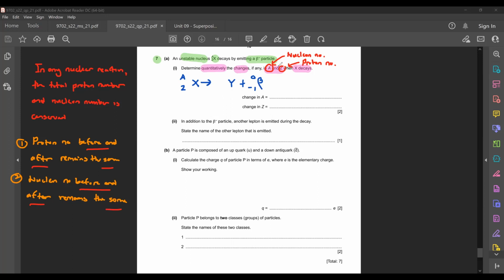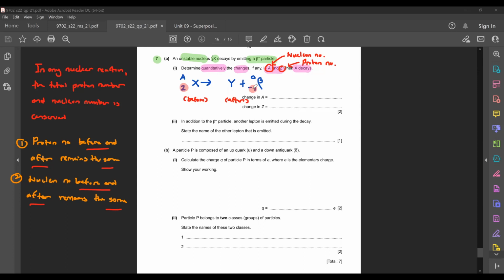Okay, so right now, if you look at the nuclear reaction, we know that before the reaction, which is this one, our proton number is Z. But after the reaction, which is on the right hand side here, we notice that because of the beta minus particle, the proton number would have decreased by 1.